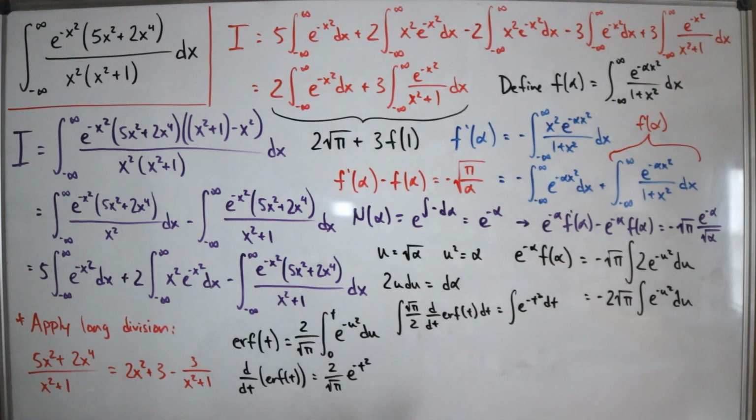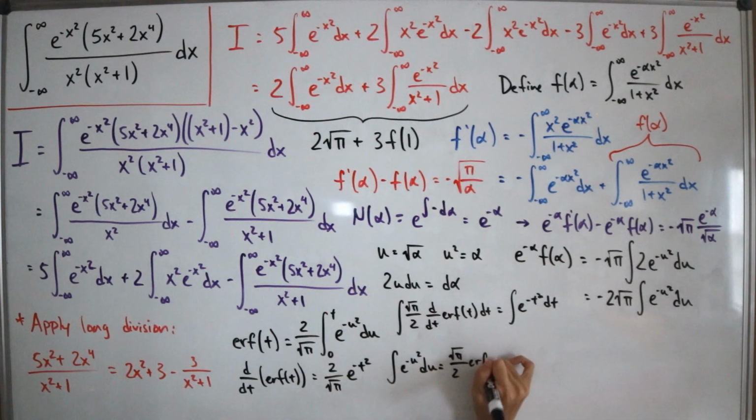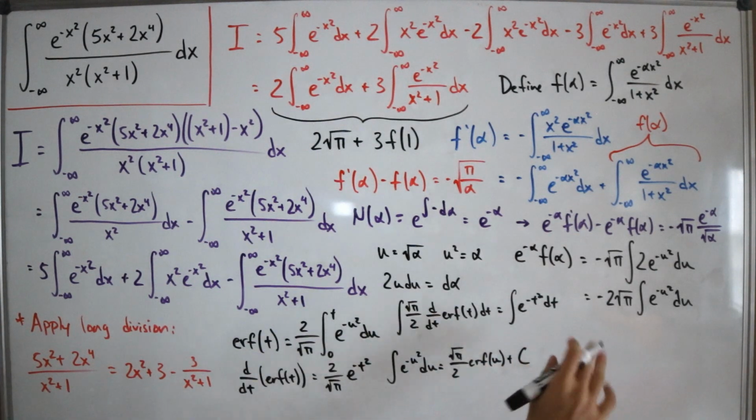So we see that the integral of e to the negative t squared, I'll put this in a situation so that we're dealing with u, so e to the negative u squared du is going to equal the square root of pi divided by 2, multiplied by the error function of u, plus c. With that, we can go into the substitution over here.